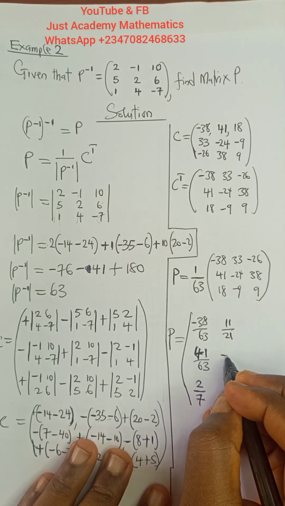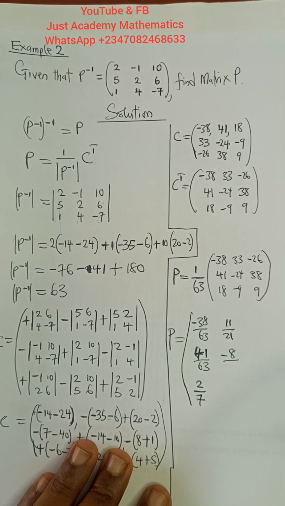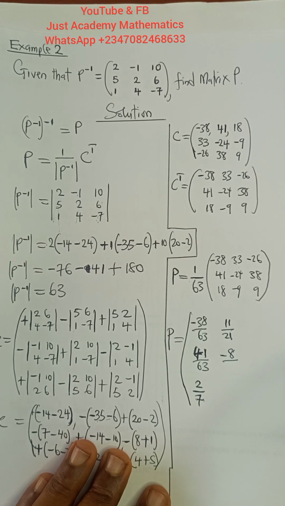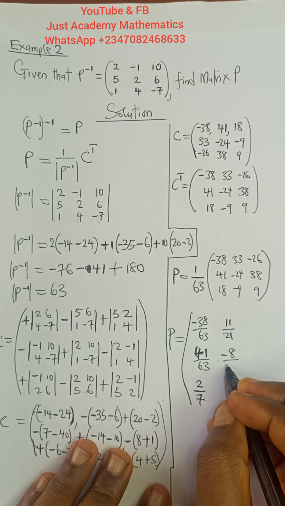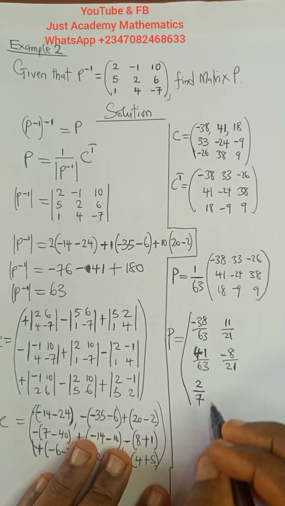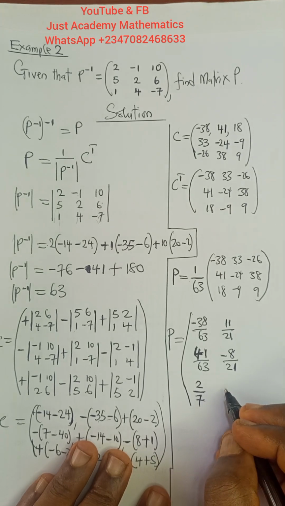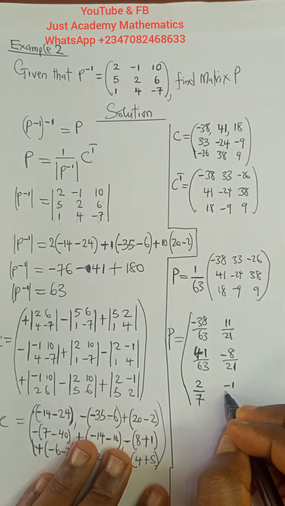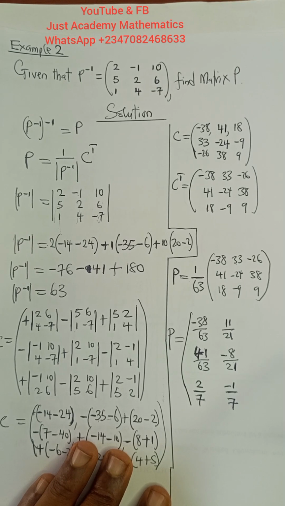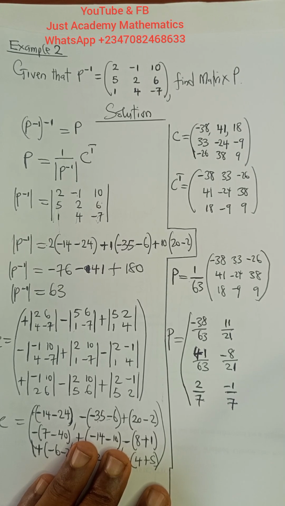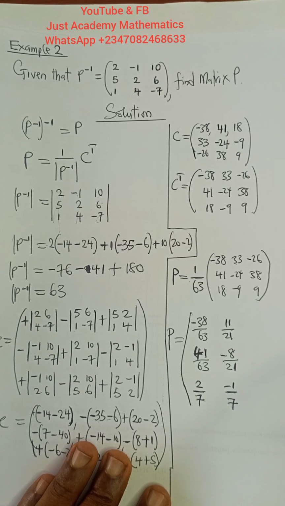Will give us minus 8 over 63 divided by 3, of course, is 21. 9 and 63. Of course, 9 can go. 9 go into 9 is minus 1. 9 into 63, 7. 26 and 63 have nothing in common.